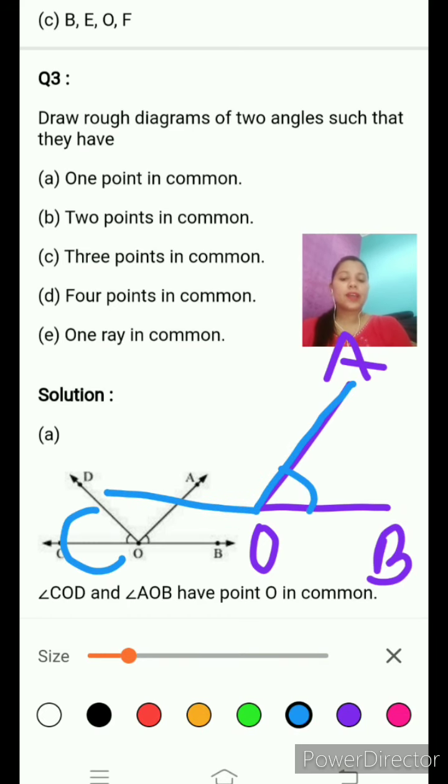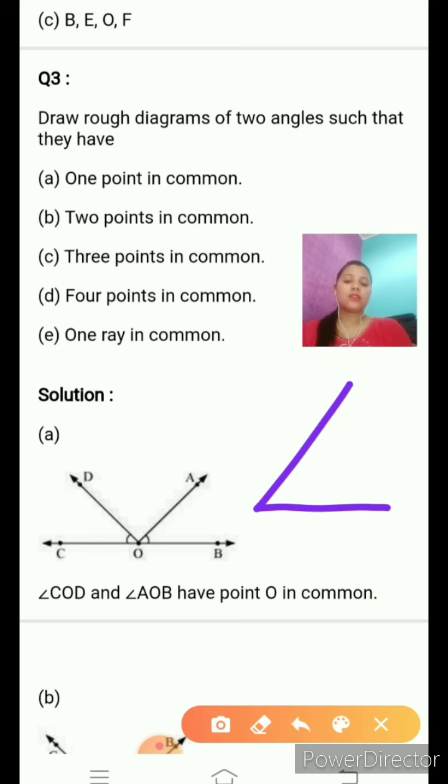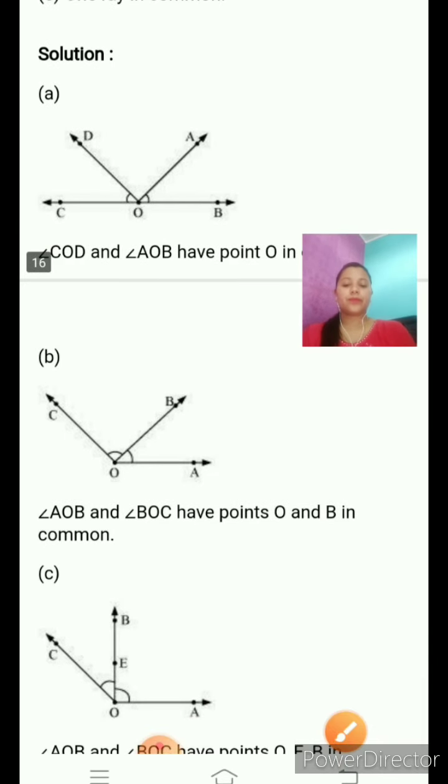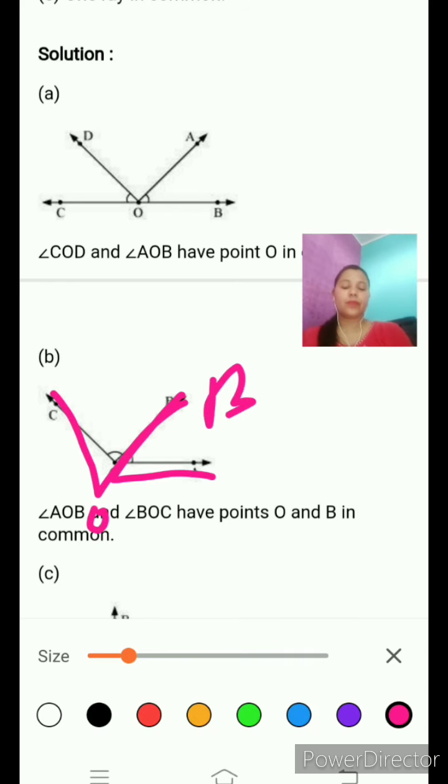So two angles AOB and AOC are sharing 2 common points, point O and point A. Okay, understood? So the answer of question B is this one: AOB and BOC, they are sharing 2 common points, O and B.